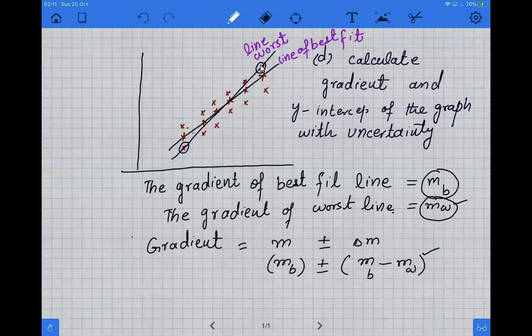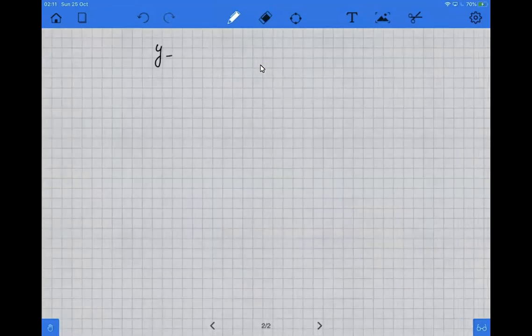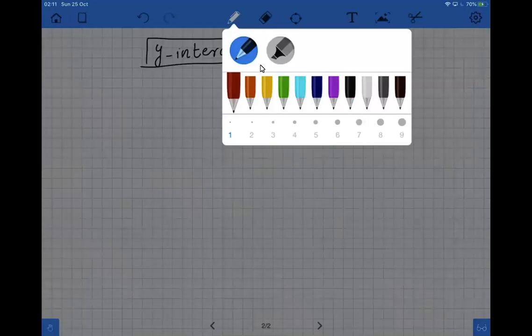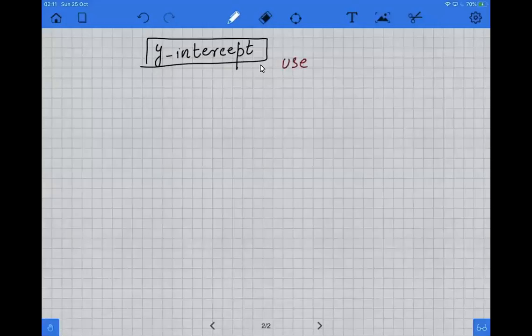Now to find the y-intercept. For y-intercept, you see you have two lines.